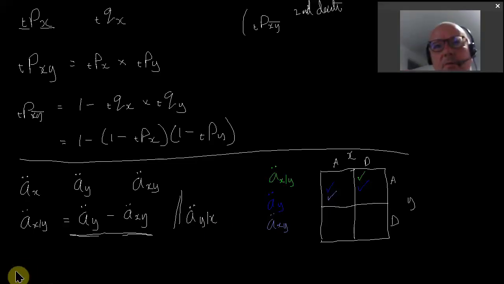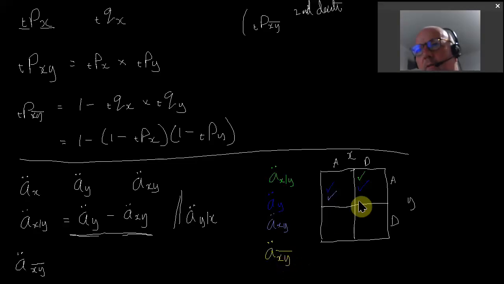But also the other thing we might need to work out is A double dot XY bar. A double dot XY bar pays out if either X or Y are alive. So it's going to pay out if Y is alive, which is there and there, or if X is alive, which is there. It's only not going to pay out there. Well, that's going to be a bit tricky at the moment, because how are we going to match this?